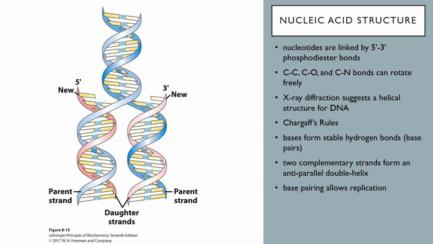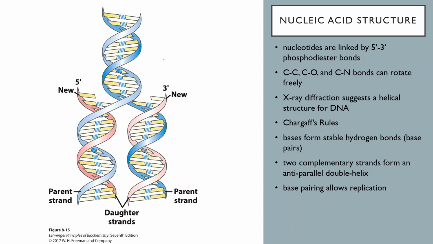So this again, the complementary nature of the 2 strands, is the clue for how that's possible. Because if you have 2 strands that are complementary, that means you can separate them, and you can always tell what the other strand was from one of the parent strands. And this is in fact exactly how DNA replication works.